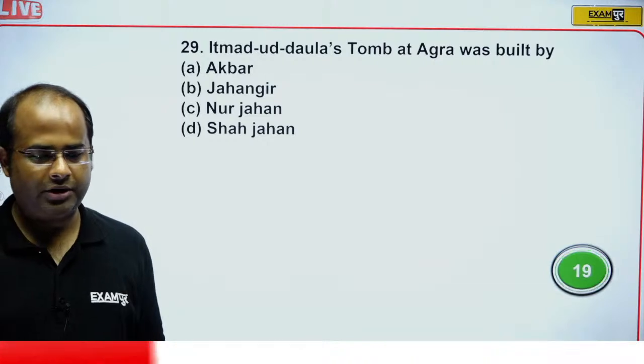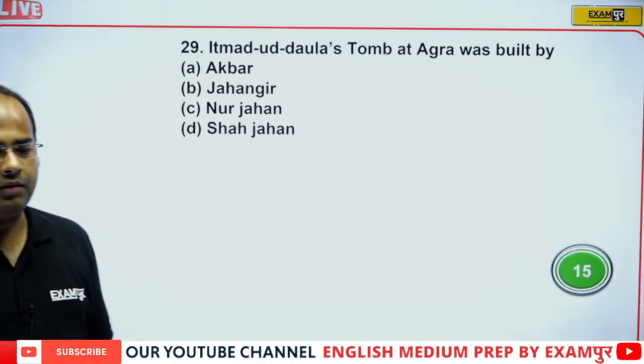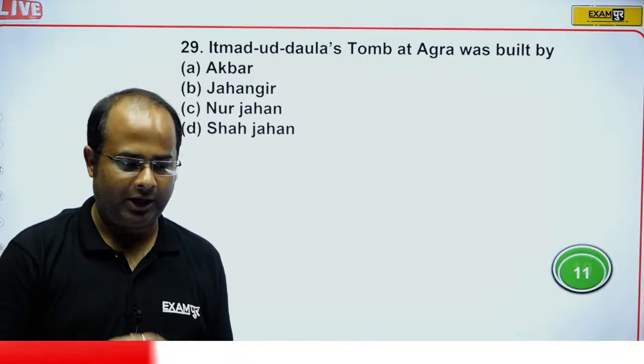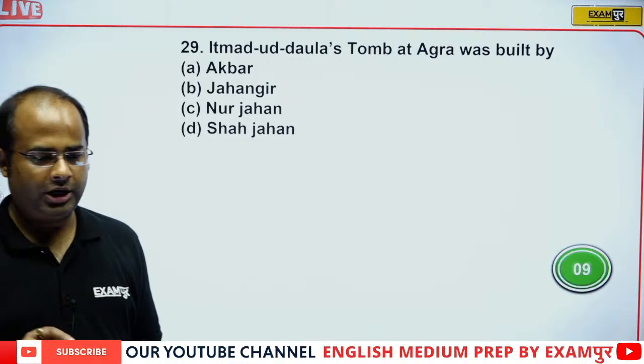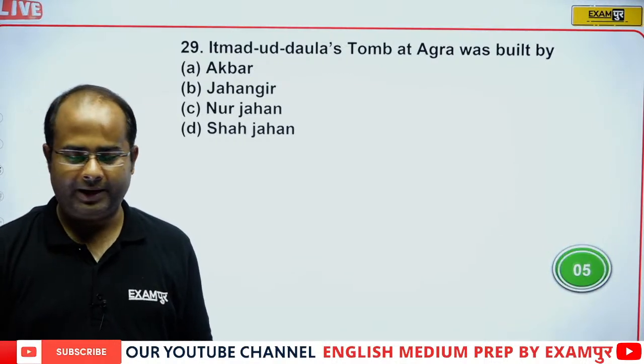Okay, next question we have: the tomb of Etmad-ud-Daula at Agra was built by whom? Is it Akbar, Jahangir, Noor Jahan or Shah Jahan?